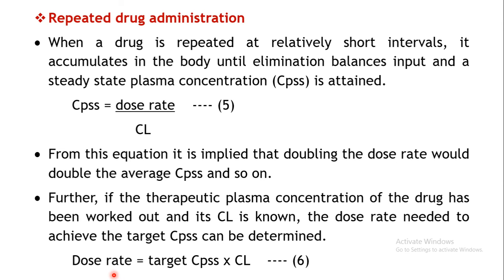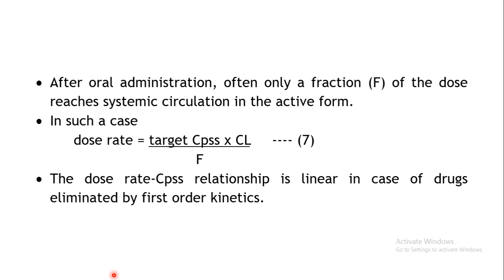Now this is true for the IV administration, wherein the entire amount of your drug is in your systemic circulation. But what about the routes of administration like the oral route? Here 100% of your drug will not reach your systemic circulation, right? Only a fraction of whatever is administered, the bioavailable dose.